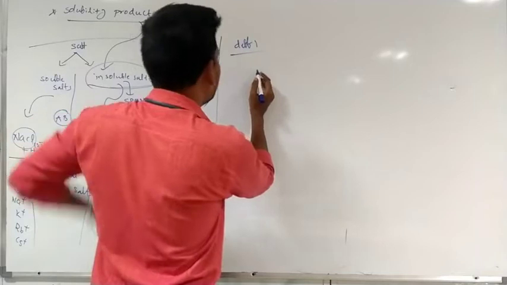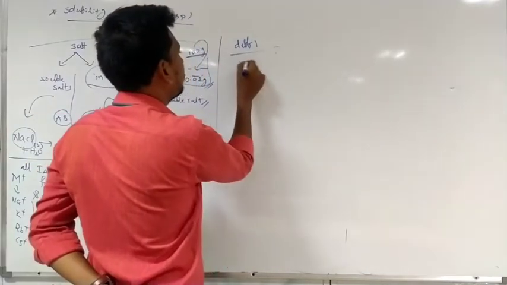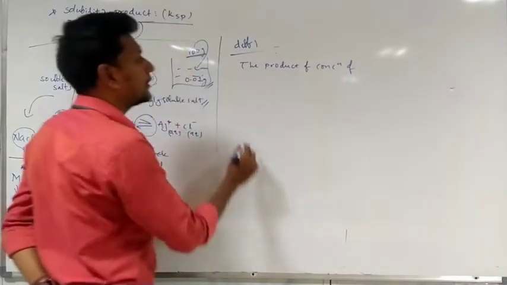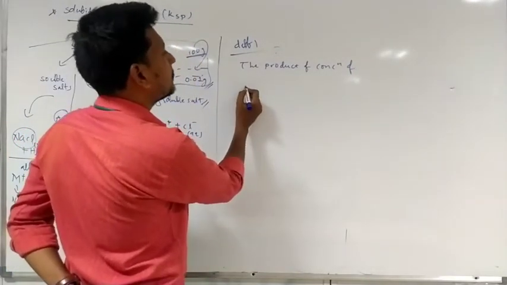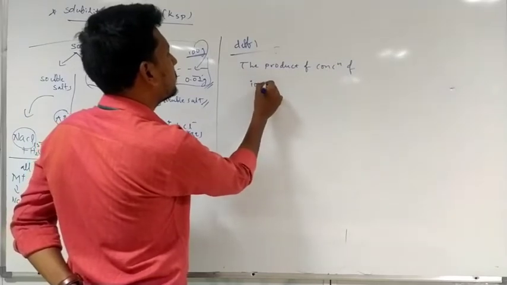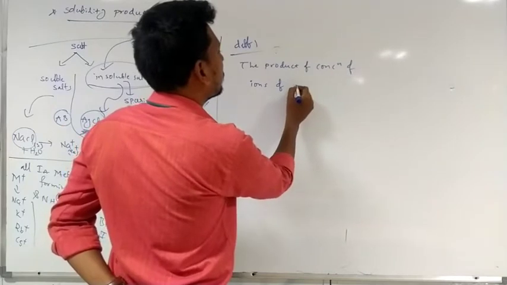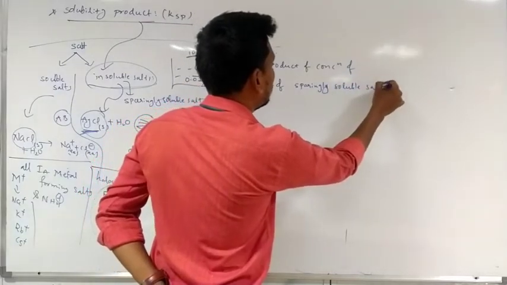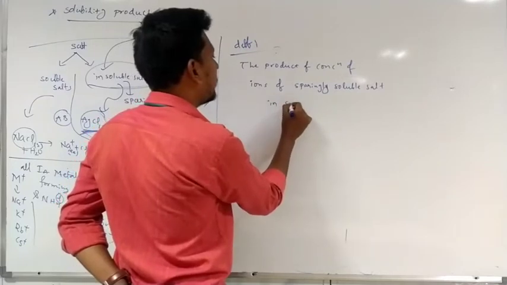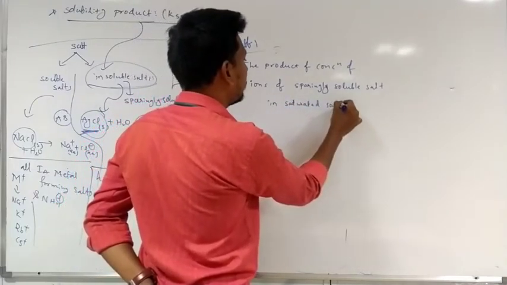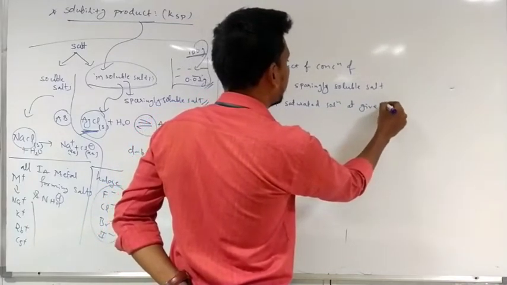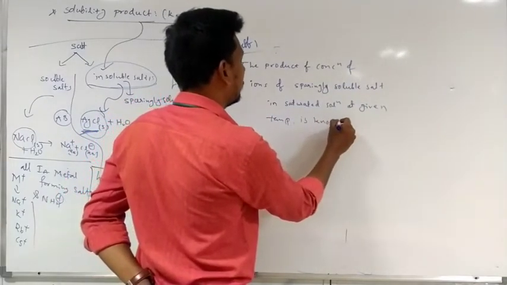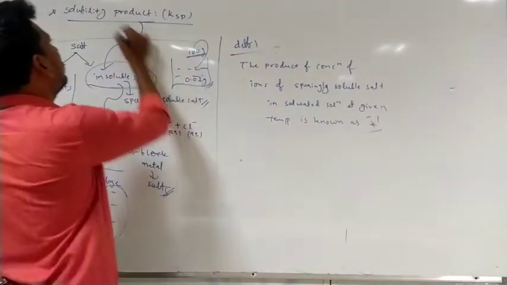The solubility product is the product of concentrations of ions of a sparingly soluble salt in a saturated solution at a given temperature, and it is known as KSP.